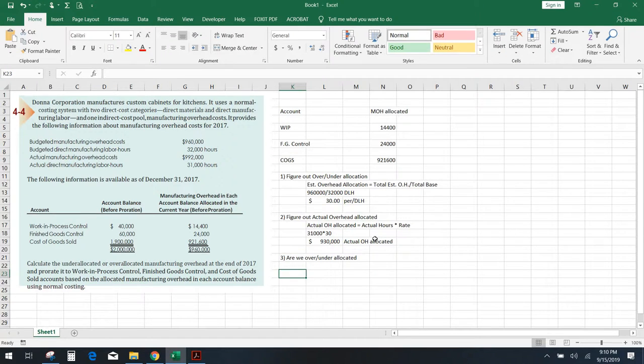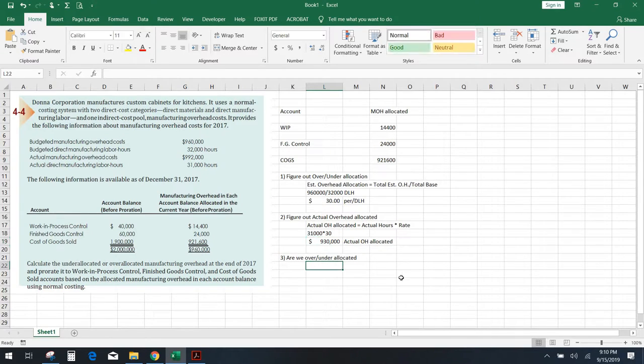Okay, lucky for us, that's pretty easy, because the actual overhead allocated was 930,000, and it already tells us right here that the actual manufacturing overhead costs were 992,000.